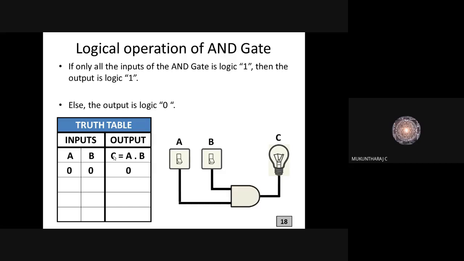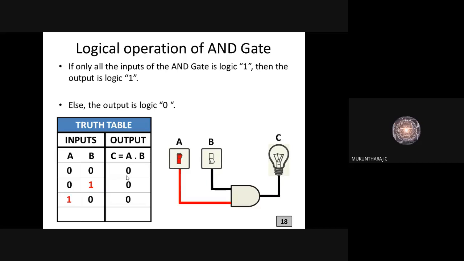Here we have the AND gate. For this AND gate, we give two inputs, A and B. If both the inputs are logic 0, then AND operation will give logic 0 as output. If I give logic 1 on the input B, the output is again 0.